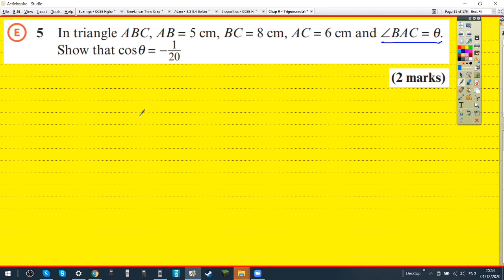Okay. How do we do this? C squared equals A squared plus B squared minus 2 multiplied by A multiplied by B, and then multiplied by cos C.